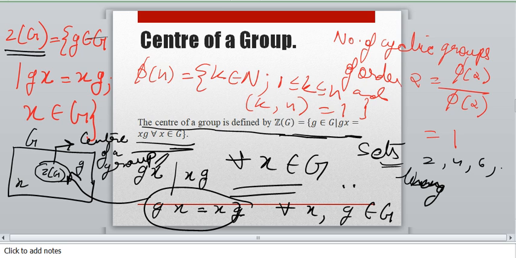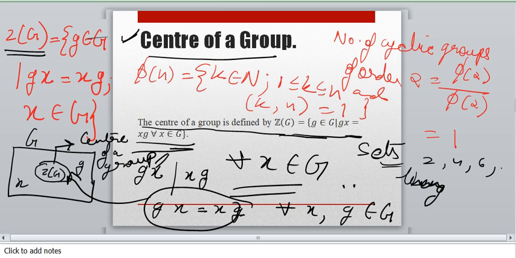When they started finding patterns, they found they could find different things: subgroups, center of groups, like we are learning right now, abelian groups, simple groups, cyclic groups, non-cyclic groups, group generators. So they found that they can find many things with these numbers. So they kept on writing all this, and that's how this became group theory, and it was converted to modern algebra.